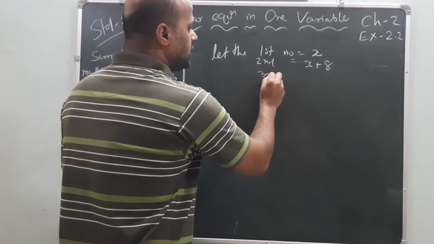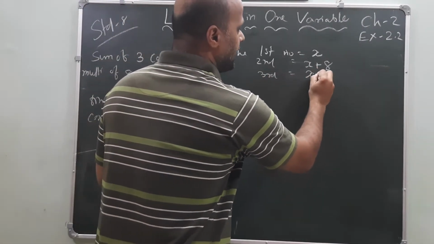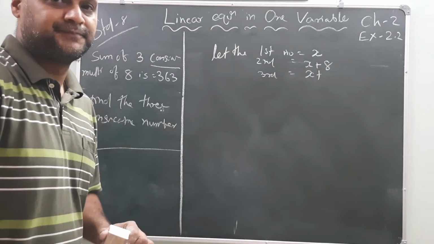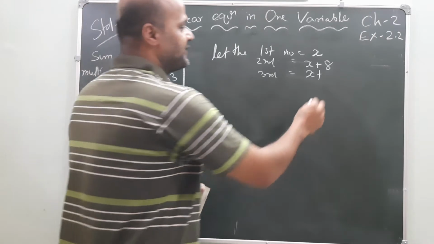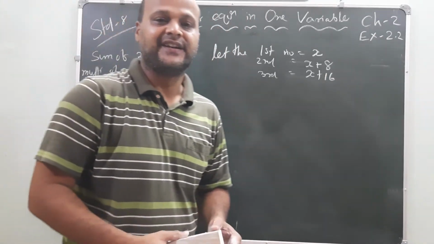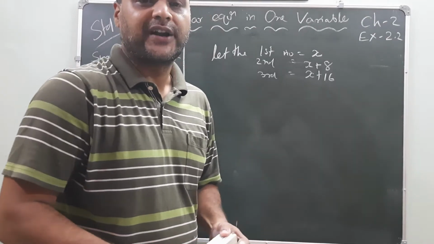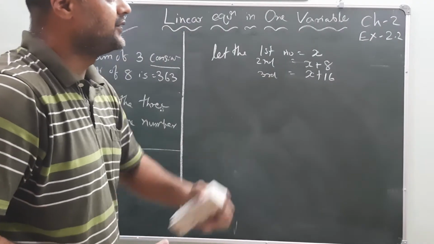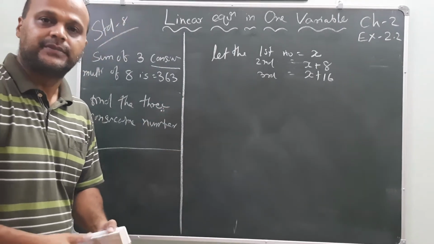Next, the third one is x plus what? x plus 16. Understood, my dear friends? So these are the numbers we are getting.